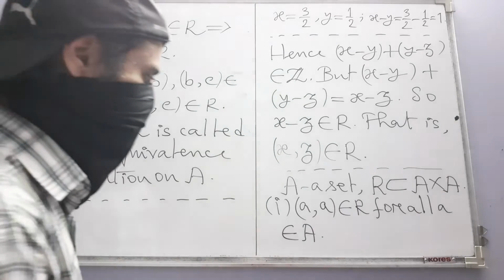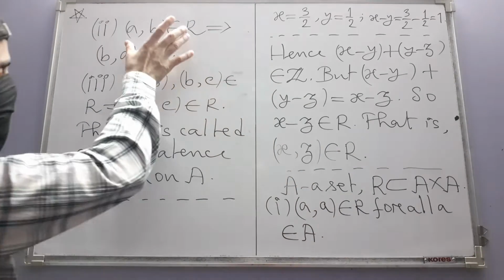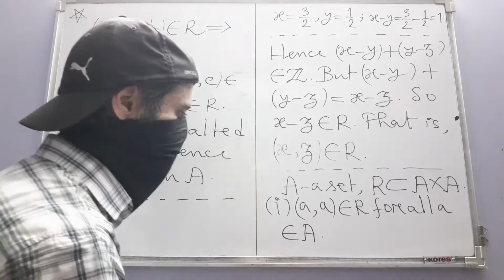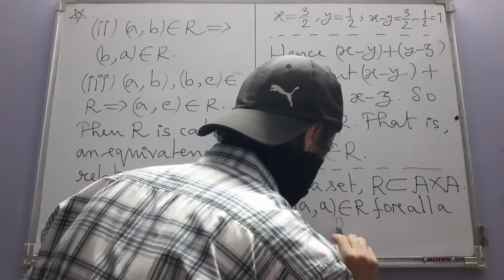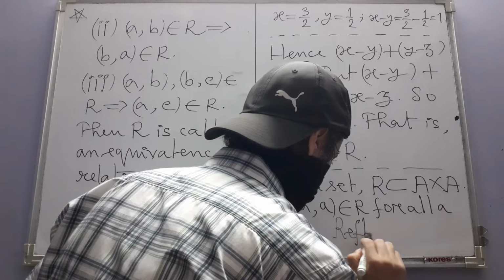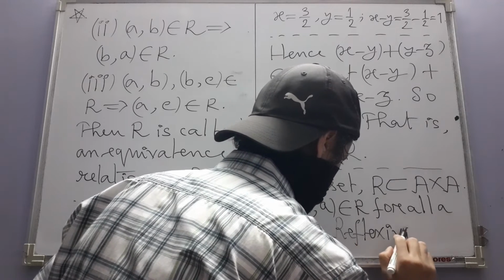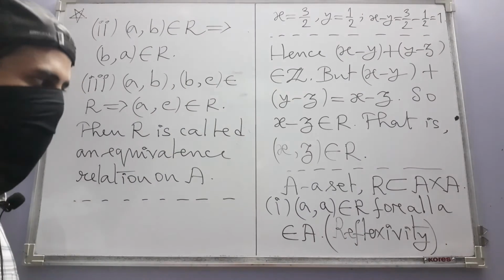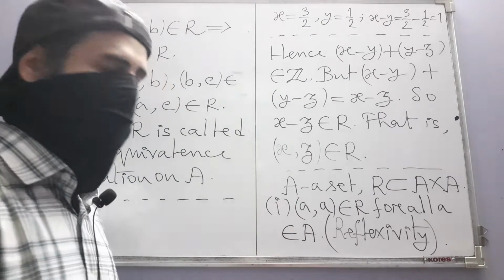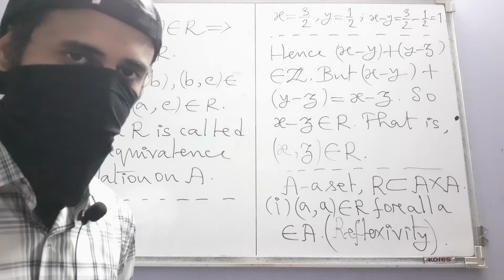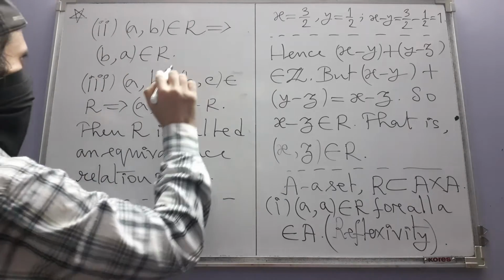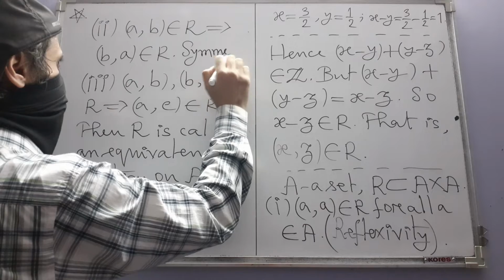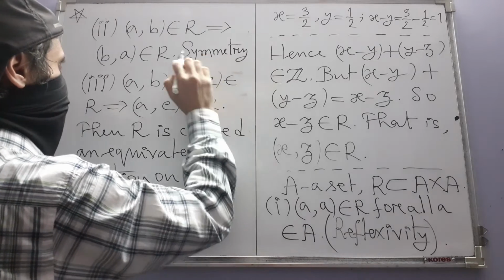Besides these conditions, individual conditions themselves have names. This condition is called reflexivity. A relation which satisfies this condition is called reflexive. This one is called symmetry.